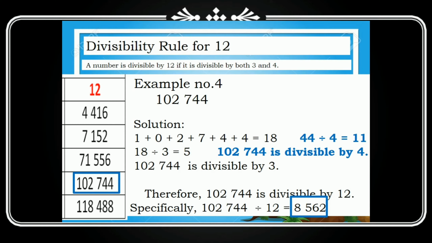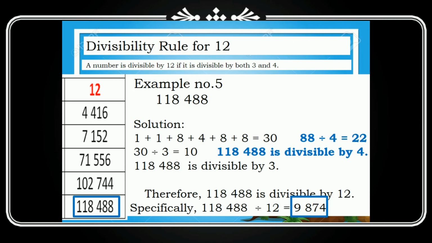And now, for example number 5, 118,488. The solution for number 5 is 1 plus 1 plus 8 plus 4 plus 8 plus 8 is equal to 30. 30 divided by 3 is equal to 10. So 118,488 is divisible by 3.